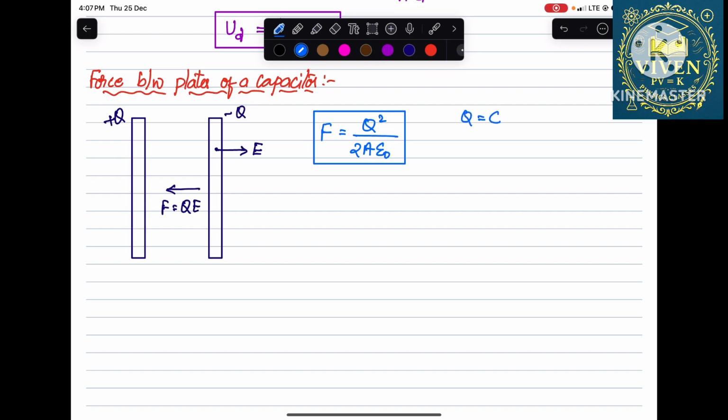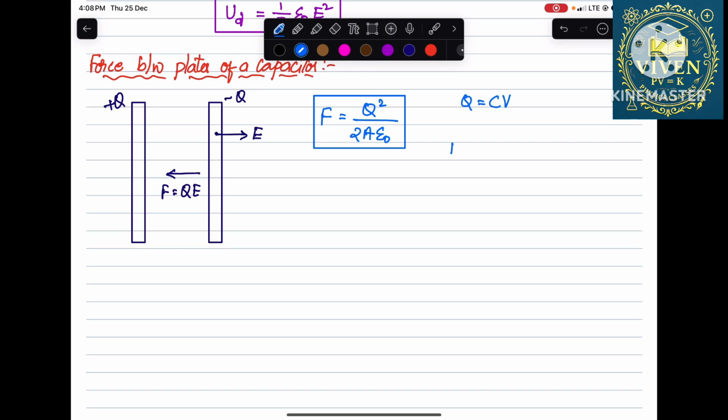Q is equal to C into V. Just substitute Q is equal to C V to get F is equal to half epsilon naught A E square, where E stands for electric field. The same previous derivation, whatever we did. We can use this formula to find the force between plates of a capacitor.